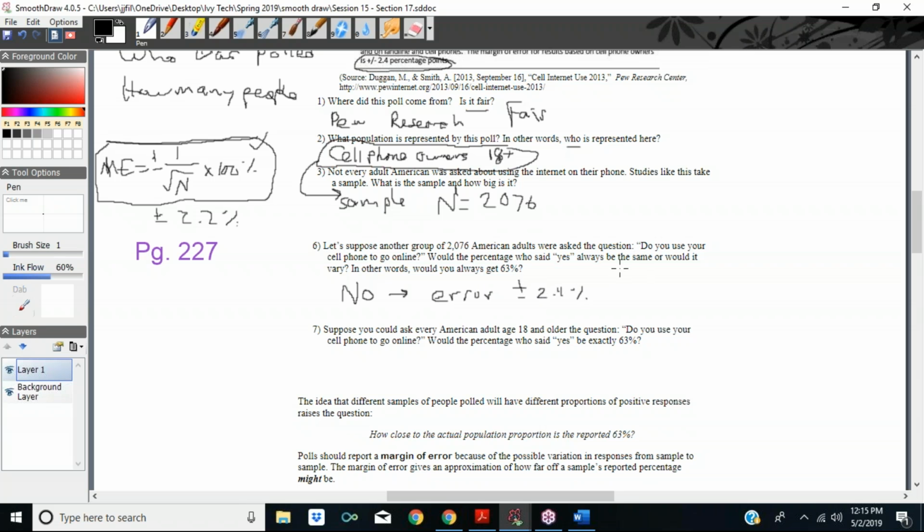So that means there's some kind of range that you would probably get. So number 7 then says, suppose you could ask every American adult age 18 and older the question, do you use your cell phone to go online? Would the percentage who said yes be exactly 63%?